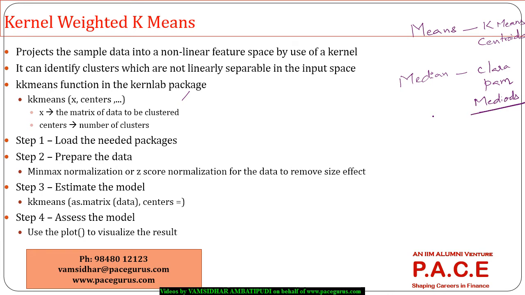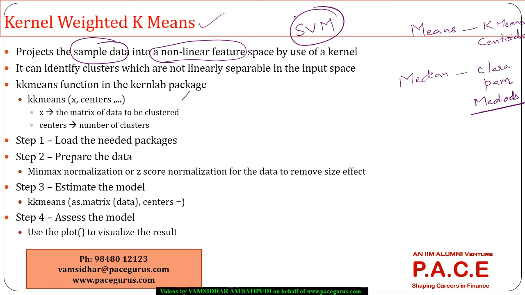And similarly, I can look at the kernel weighted k-means algorithm. The sample data is actually projected into a non-linear feature space. A kernel is typically used. This is what we have done even in the case of support vector machines. So there is a mapping of the data into a non-linear space using different kinds of kernels.